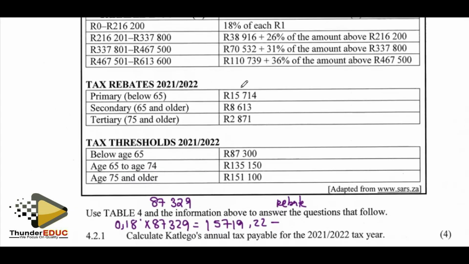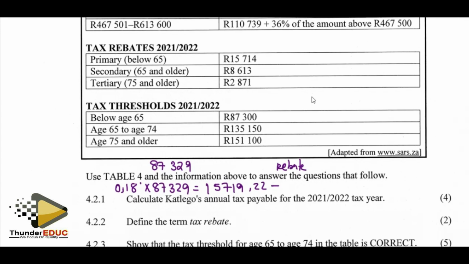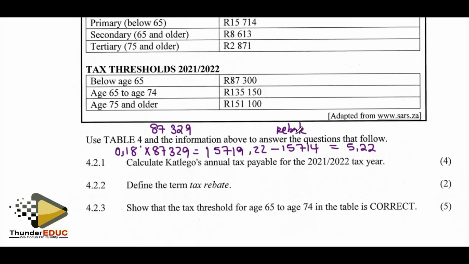He is 24, so he qualifies for the first, the primary rebate. So the tax that he pays is 5 rands 22. That is the annual tax he pays a year.